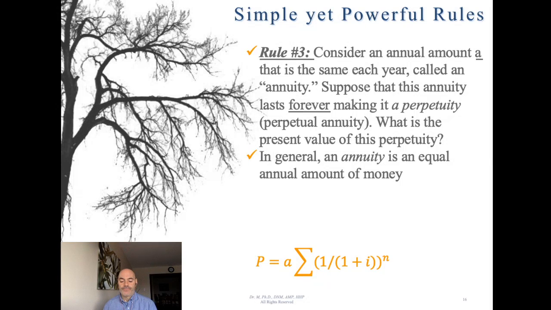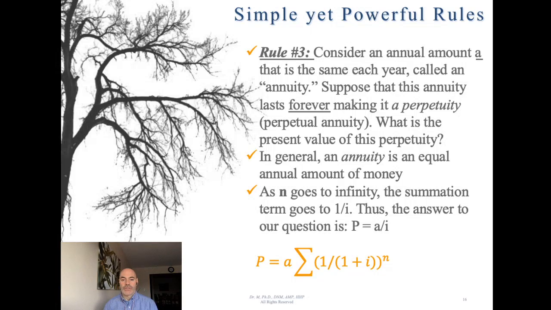In general, an annuity is an equal annual amount of money. Thus, you take asset A that is annually available to you based on the contract and is promised to be paid n number of years, and you calculate it as you see it on the screen. You're discounting that by 1 plus the nominal interest rate to the power n, and n is the number of years.